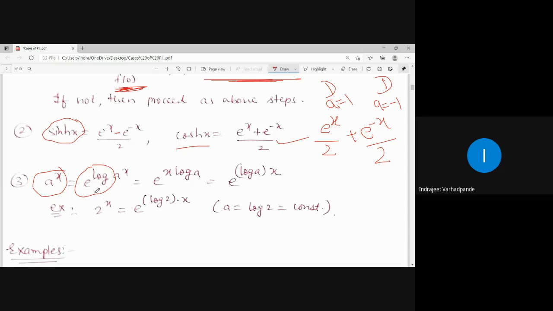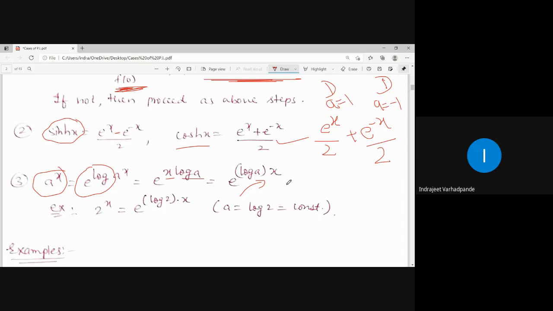I write a to the power x as e to the power log a to the power x. Now log m to the power n is n log m, and log a is a constant quantity. So again it is convertible to exponential form. What is the constant over here? Log a.